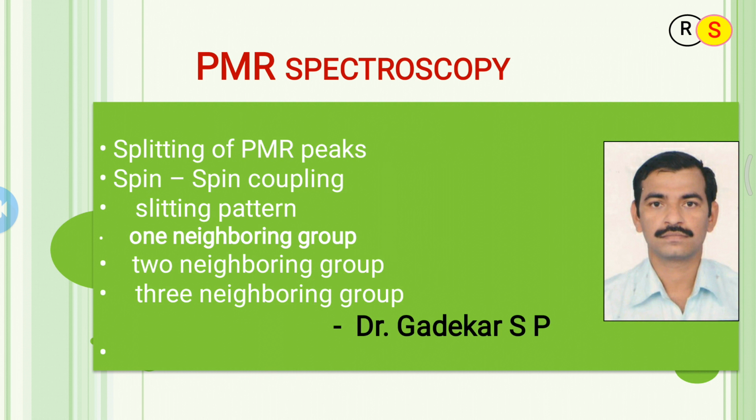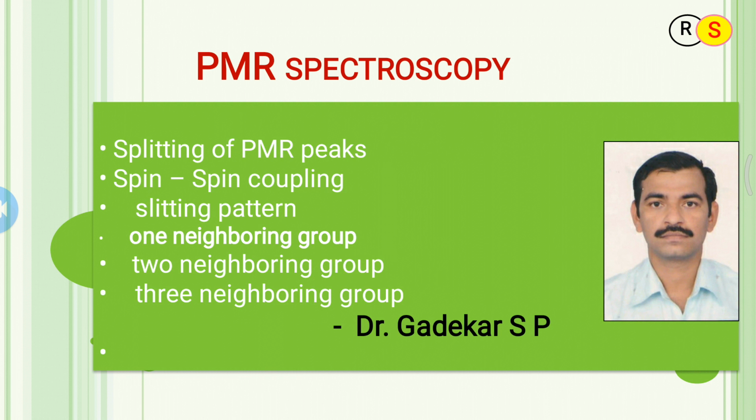The position of a PMR signal totally depends on the shielding and deshielding effect. Suppose a proton consists of a nucleus. This nucleus interacts with radio waves to form a shielding and deshielding effect.